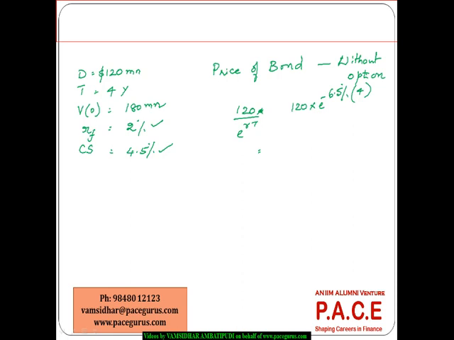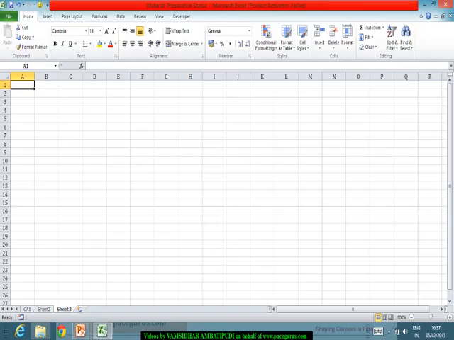I will talk about a bond which is having a debt of 120 million, the time period of 4 years to maturity, the risk-free rate of 2%, credit spread of 4.5%, and currently the value of the firm, let's say, is 180 million. Right?